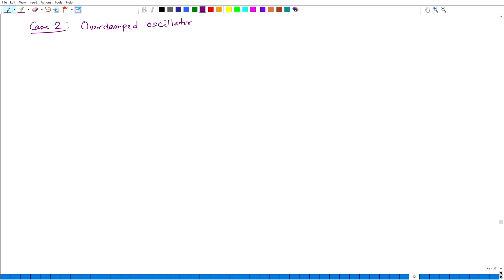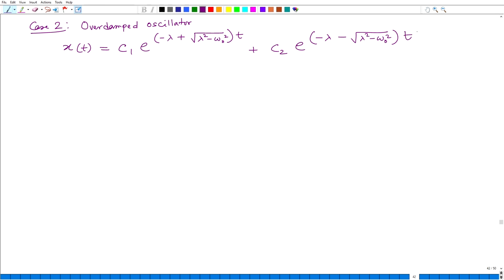The overdamped oscillator is moving here, and x of t will be simply given by C1 e to the power minus lambda plus root over lambda square minus omega 0 square times t, plus C2 e to the power minus lambda minus root over lambda square minus omega 0 square times t, where the constants are real in this case.